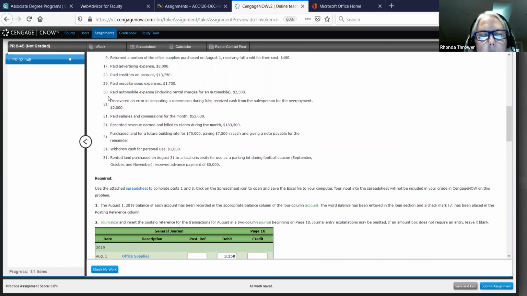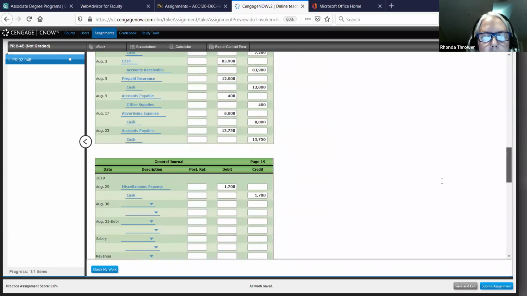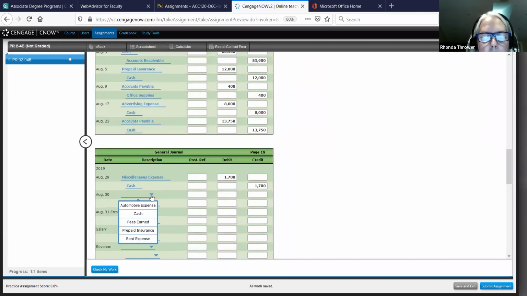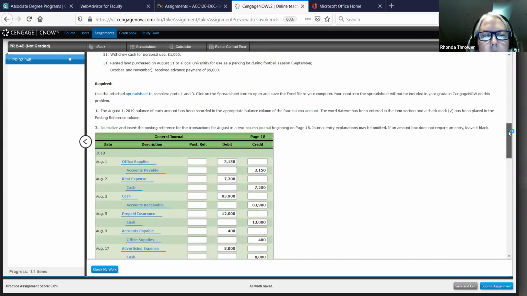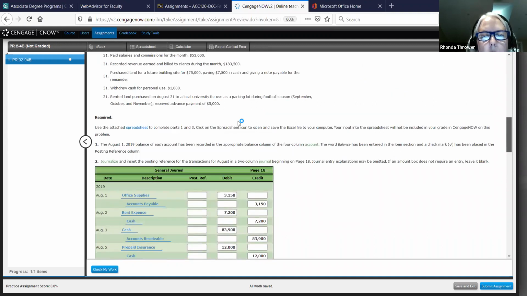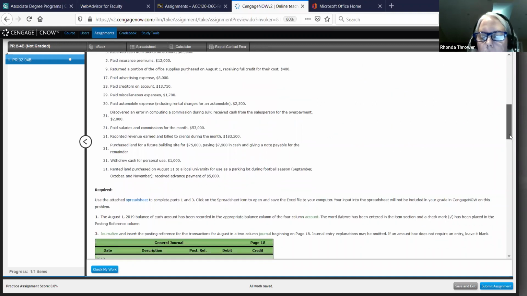On August the 30th, we paid automobile expense of $2,500. So automobile expenses are going up. My automobile expense has to be debited, so it goes on the first line in the journal. My automobile expense was $2,500.